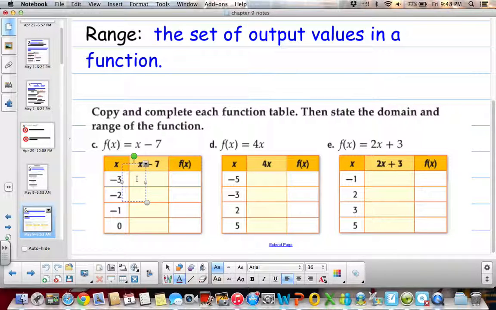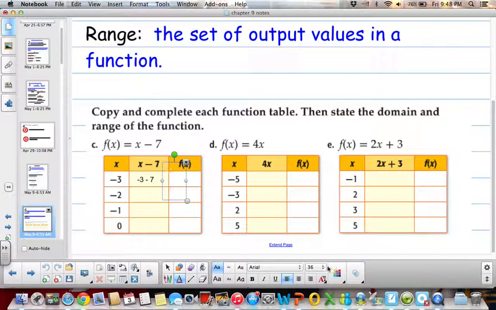So we are going to take each value of x, put it into our function, and find the output value. For f of negative 3, I'm going to take my function and replace the x with the number given. So that would be negative 3 minus 7.